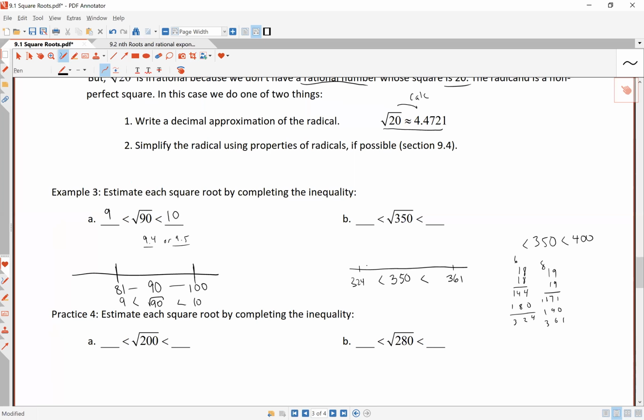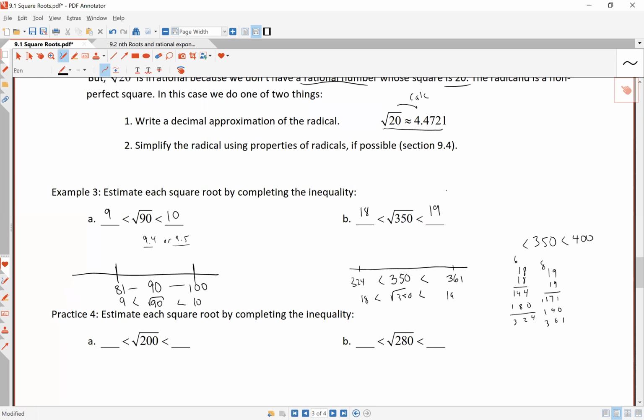So we've located 350 to be smaller than 361, bigger than 324, which makes the square root of 350 smaller than 19 and bigger than 18. So this sits between 18 and 19.